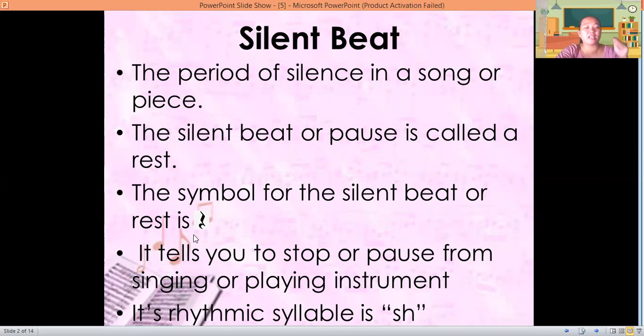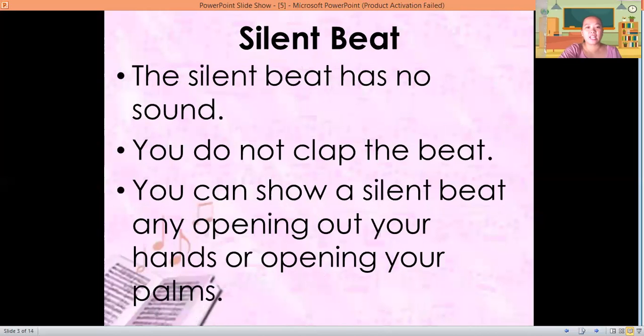And the syllable is sh. Next, it has no sound and you cannot clap when you see the silent beat. But instead, you are going to open your hands.